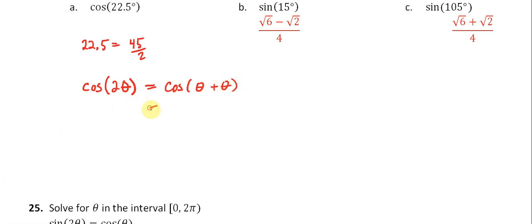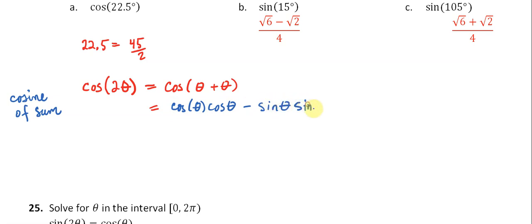And then using the cosine of a sum, I'll put in the margin here that I'm using the cosine of a sum. Then I can expand the statement into cosine of theta, cosine of theta, minus sine of theta, sine of theta.